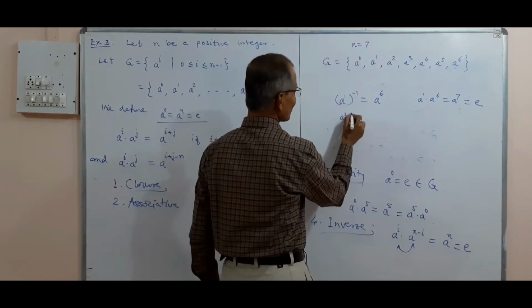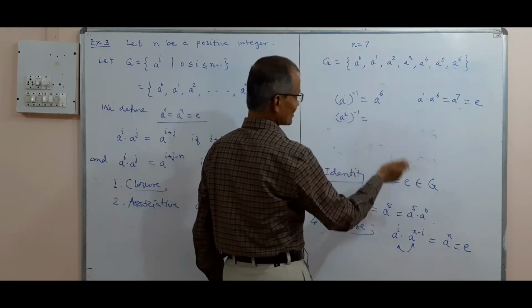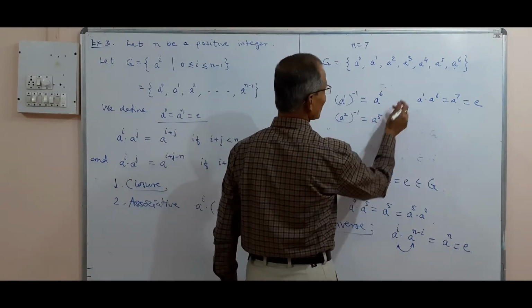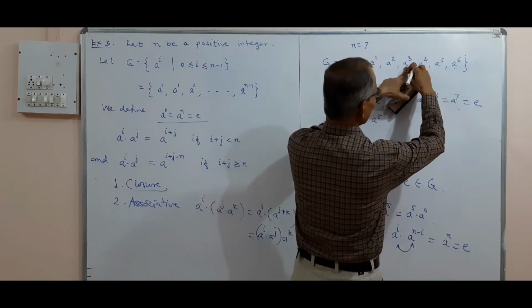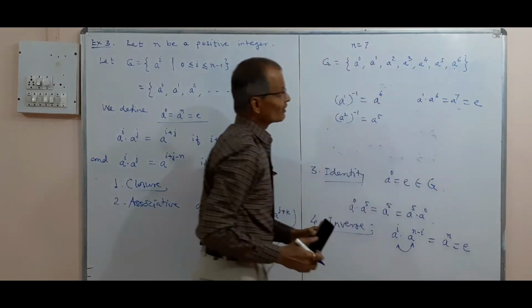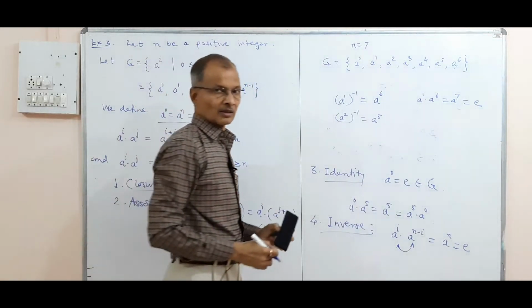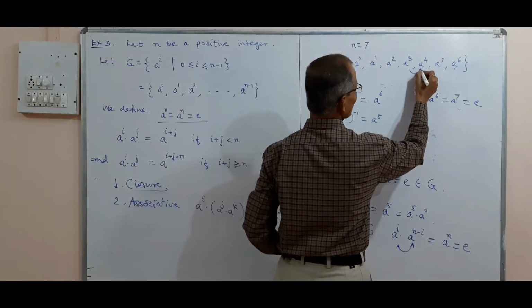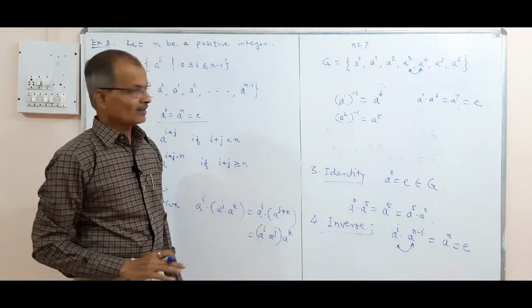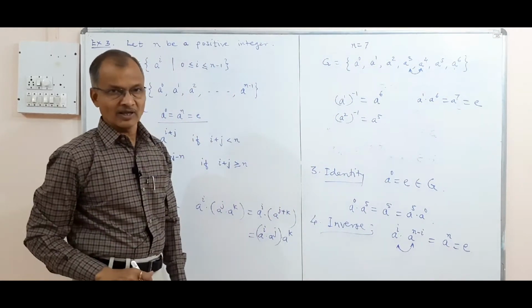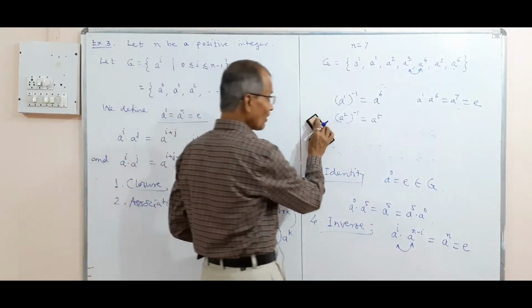Similarly, what is the inverse of a square? That is 7 minus 2, a raised to 5, because a square and a raised to 5 give a raised to 7. Similarly, for a cube the inverse is 7 minus 3, which is 4. These are inverses of each other, because a cube into a raised to 4 is a raised to 7, and thus the inverse exists for every element, and therefore it forms a group.